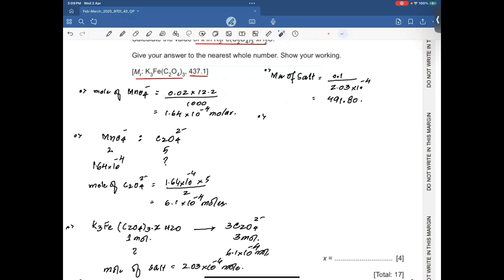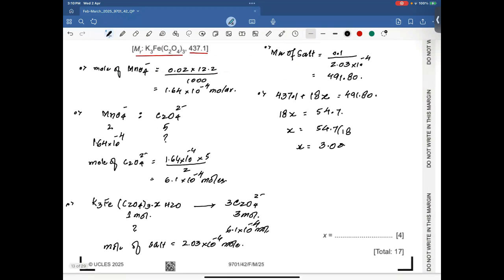See, the Mr of this part of the molecule is given, which is 437.8, plus 18x, which is water, equals 491.80, which is your Mr. So 18x equals 54.7, then x equals 54.7 divided by 18, then x equals 3.03. We have to show the nearest whole number, so I'm going to write only 3. So that's the end of question number 3.